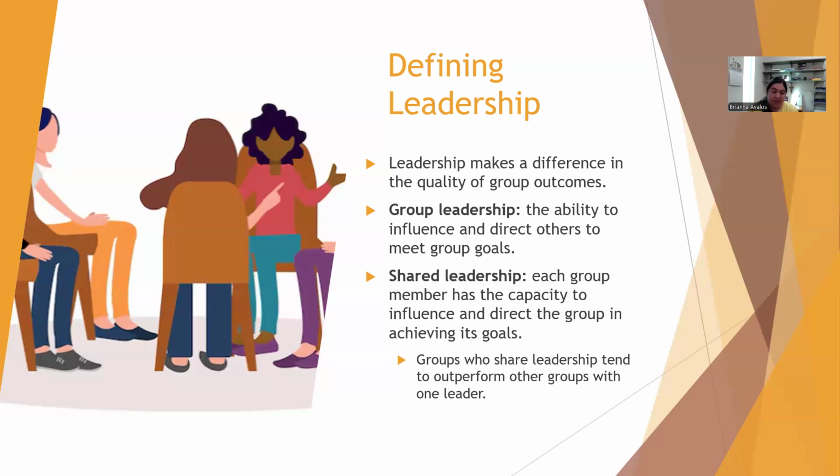So, group leadership, I really want you to think that sometimes small groups have a designated leader. And so that one person might have more influence than others. So, this is their ability to do that. Whereas shared leadership, everybody has that ability to have influence.